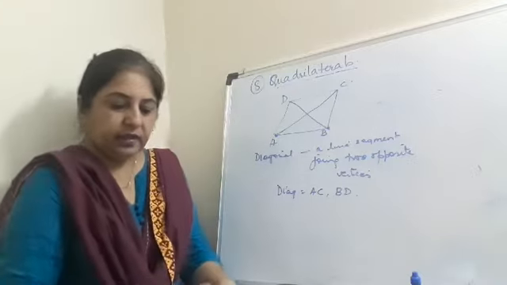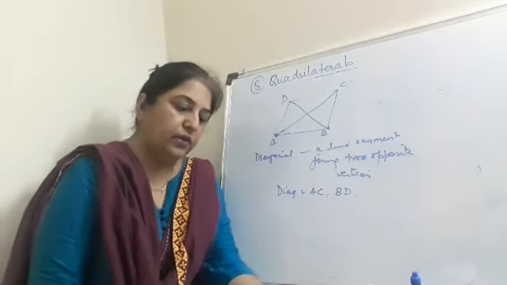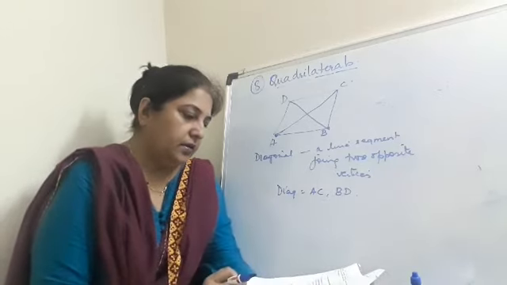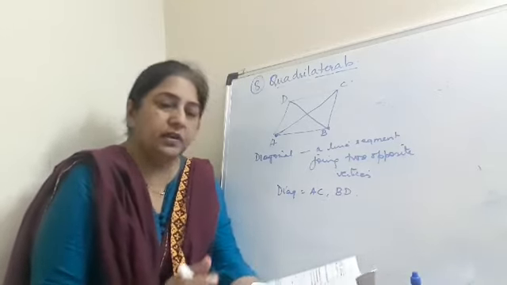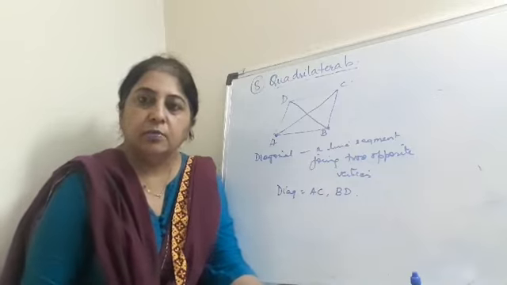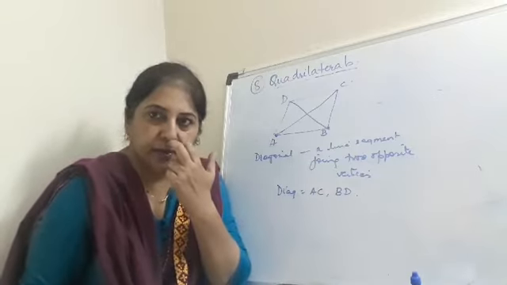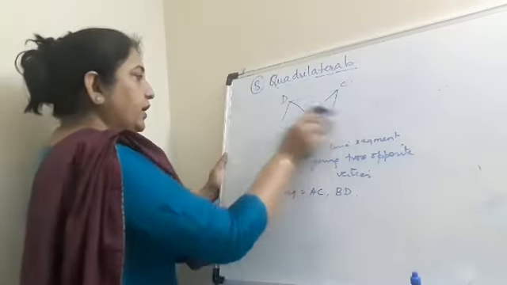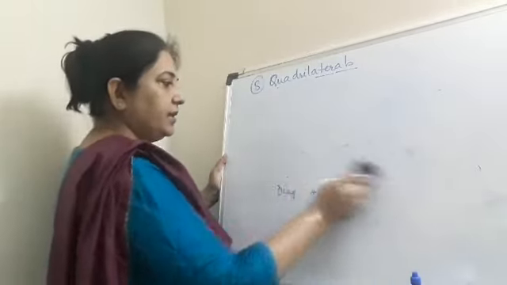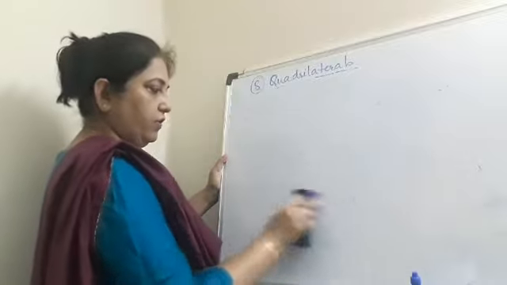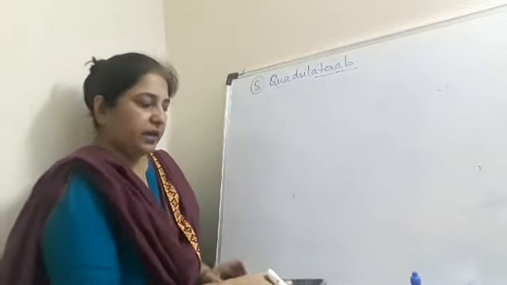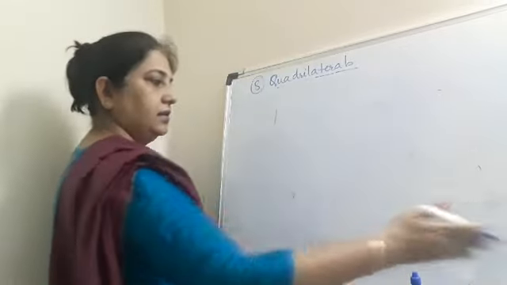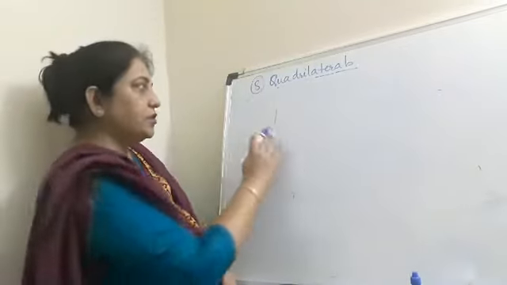Now, what is the next thing given in the book? You can read the introduction of the chapter. There are various objects around us which are in the shape of a quadrilateral. Can you name them? It will actually be a 3D shape, but I am just asking you for a quadrilateral. Suppose I take this whiteboard. What is the shape of this?